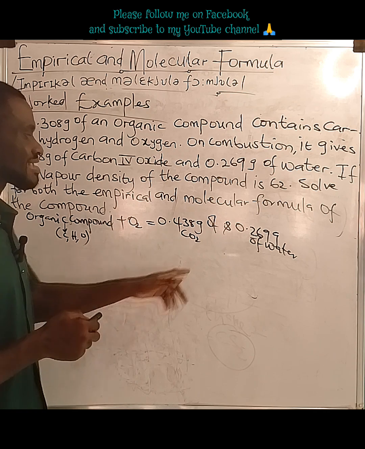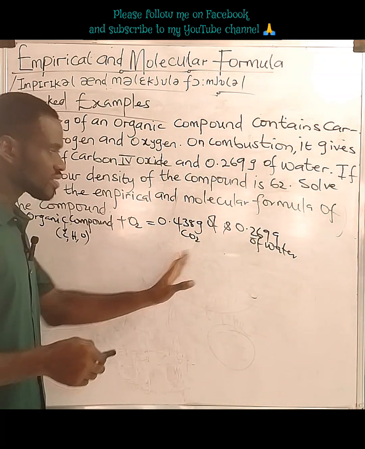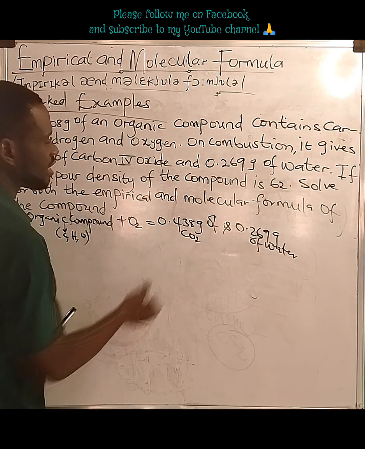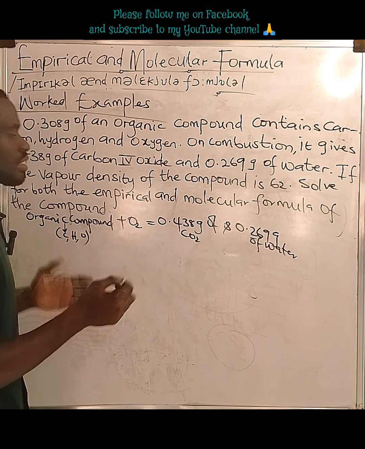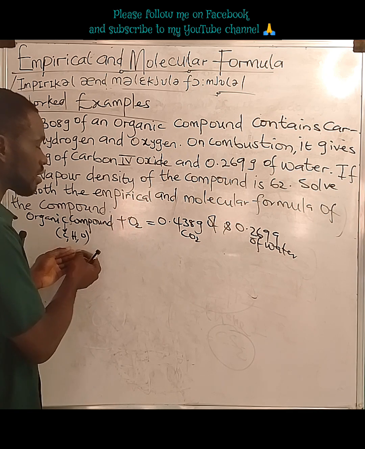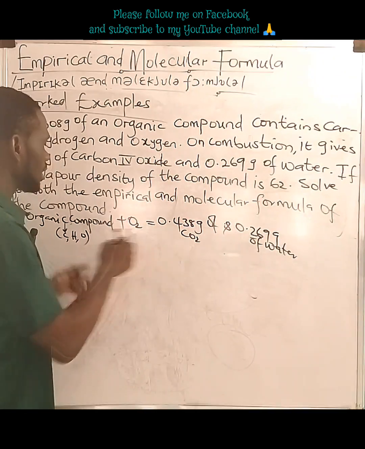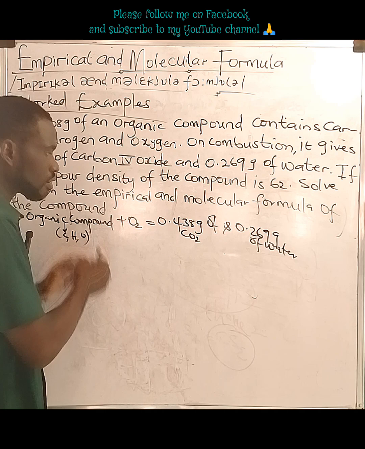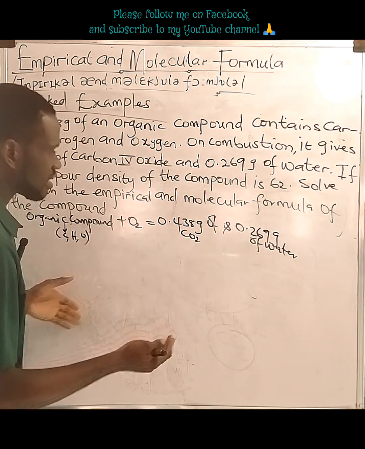So we're going to get the masses of all these from the resultant compounds. So organic compound plus oxygen gives us this and this. So let's simplify. It's 0.438 gram of carbon dioxide. Do you know what that means? It simply means some portion of this organic compound combines with oxygen to give us this, and some portion of it combines with oxygen to give us water.